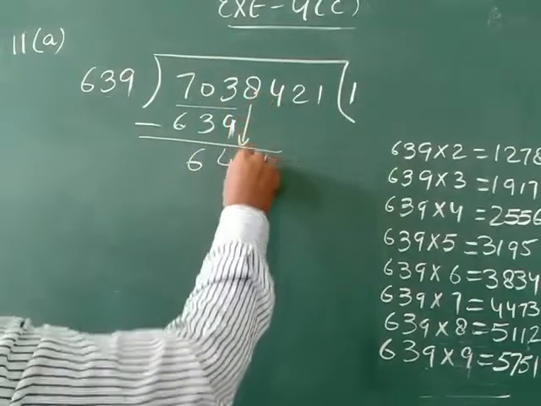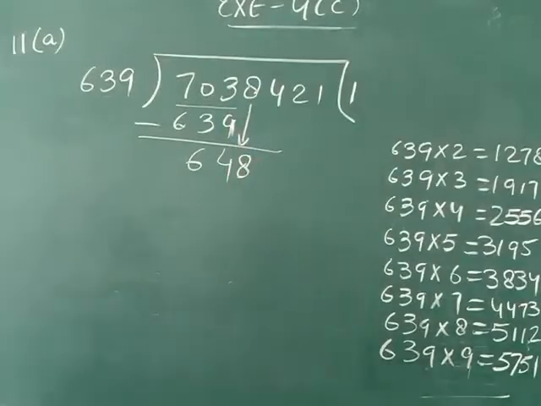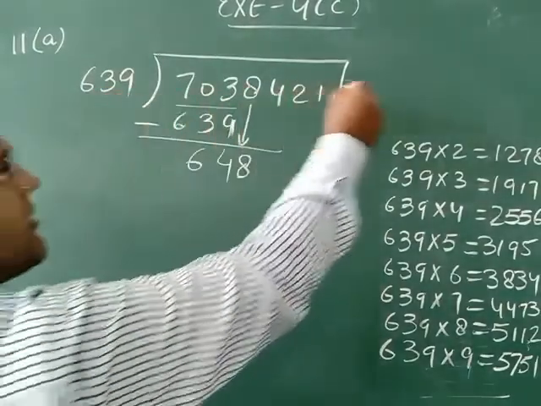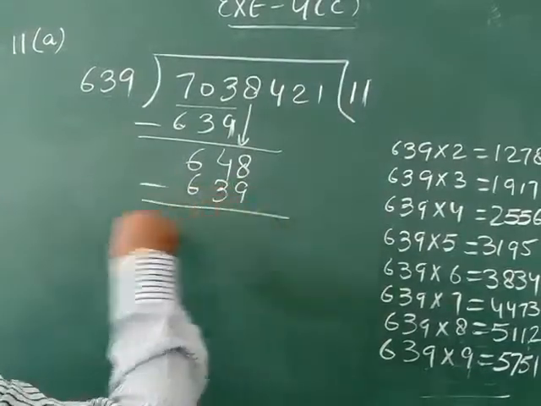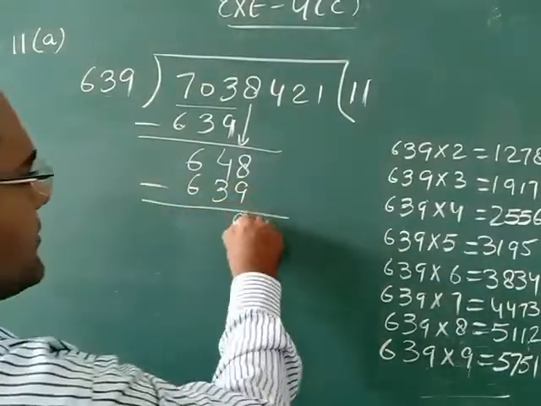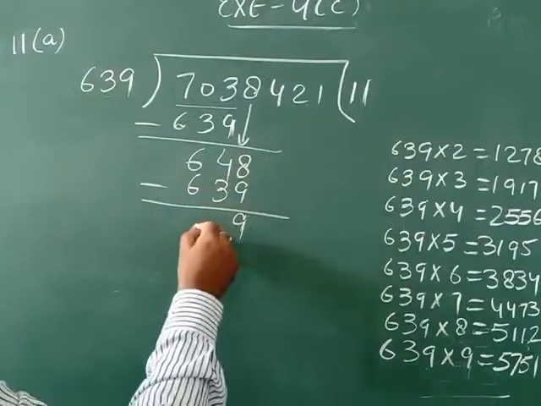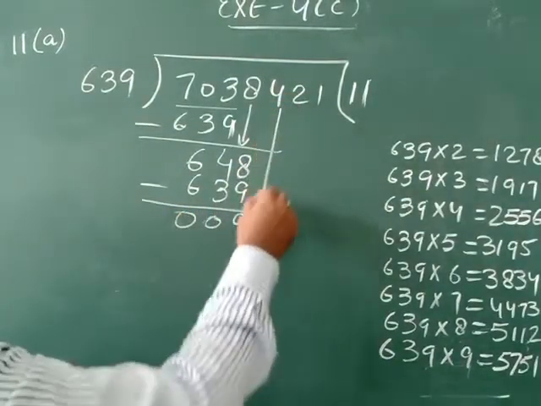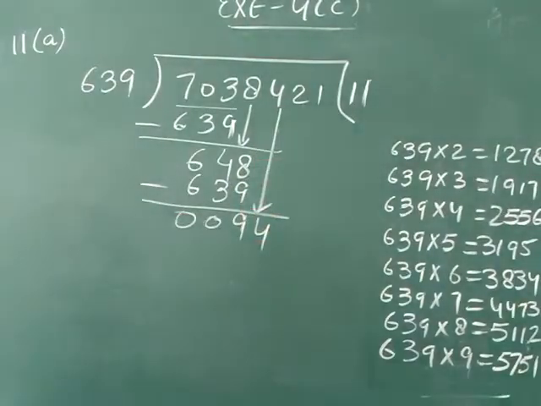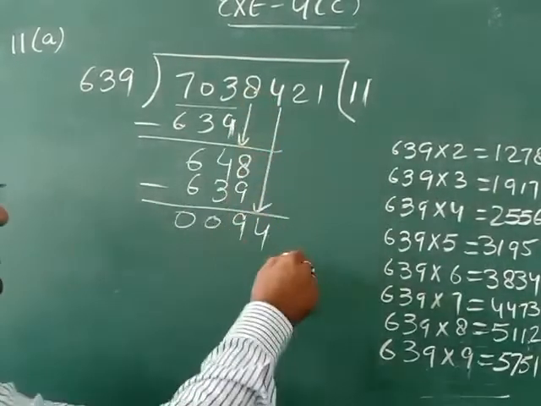This 8 we have to bring down, so it becomes 648. 639 1 ja 639. On subtracting these numbers we will get 9. From the top we have to bring down 4. When we bring 4 this will become 94.